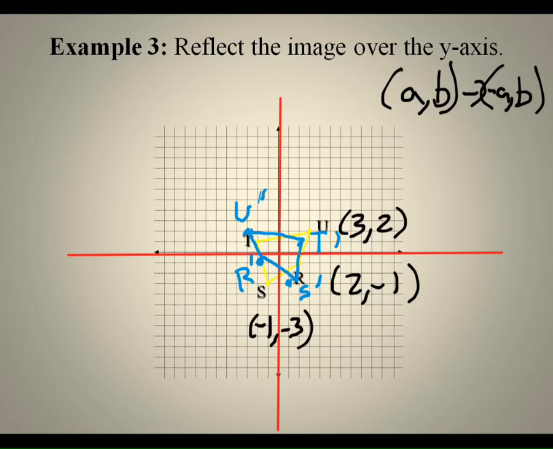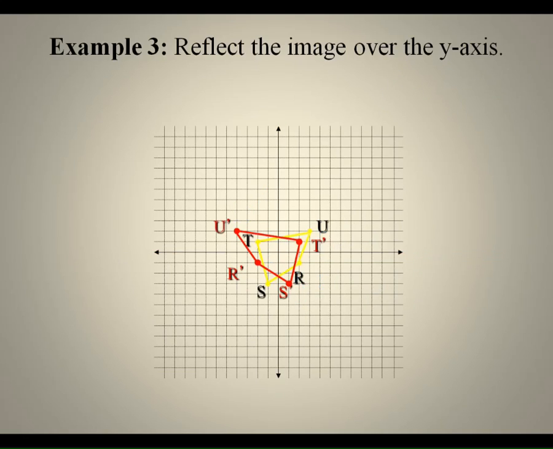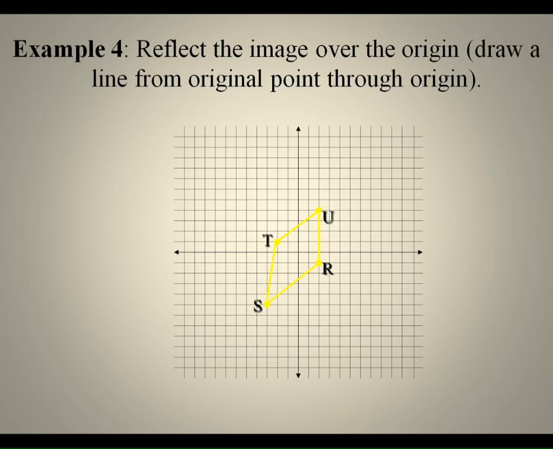Okay? So then we only have one left. We have if we flip it over the origin. Where's the origin on a graph? 0, 0, right? This is the origin. So on that last one, again, that's what the shape would look like. You flip it over on the y-axis. On the origin, all you're doing is finding the distance from the origin to R. You're going the same distance in the opposite direction.